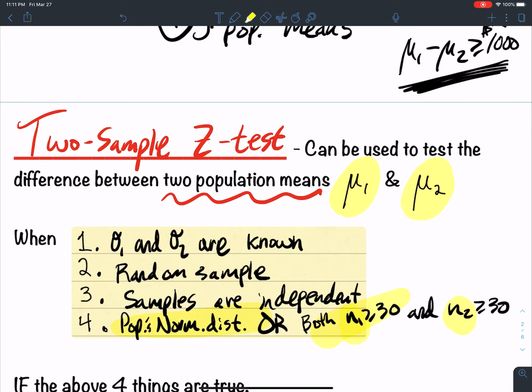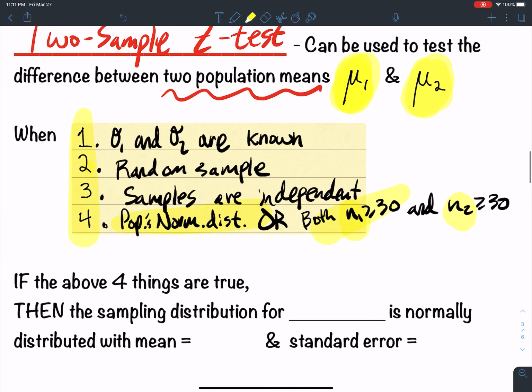But looking at each population for mu1 and mu2, each one needs to either satisfy normally distributed or n greater than or equal to 30 for each of them, okay? And if the above is true, so if those 4 things are true, then we can run the test.